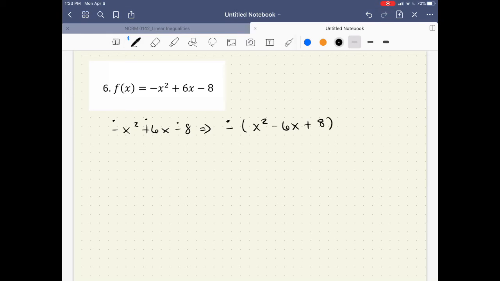Now, I will maintain my negative. Now I'm going to complete the square with everything that's inside the parentheses, and I will carry that negative through the whole process. So now I have negative, open parentheses, x squared minus 6x plus blank, which is going to be filled in by (negative 6 over 2) squared plus 8 minus (negative 6 over 2) squared.